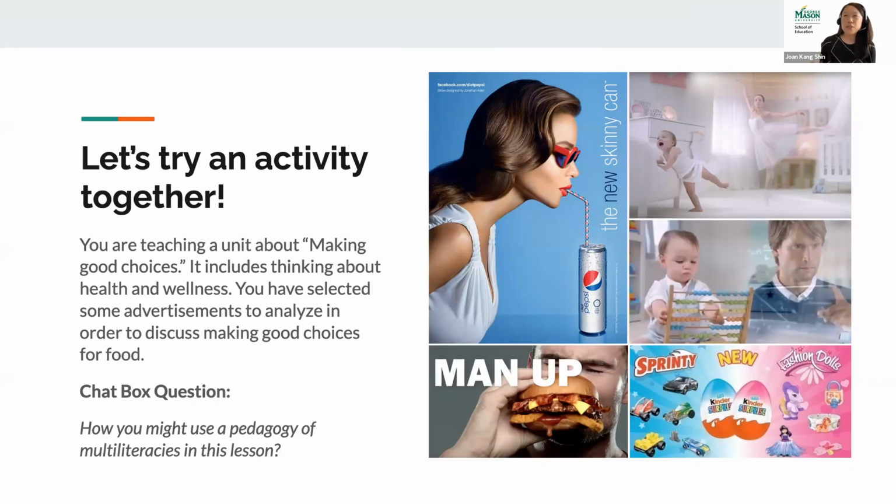And so I picked a range of advertisements, thinking that you might be teaching students of different age levels or with different interests. Here you can see there's one on the left side, drinking Pepsi. There are the two pictures on the right side, which is really interesting because it is an advertisement that I saw in the UK for baby formula.